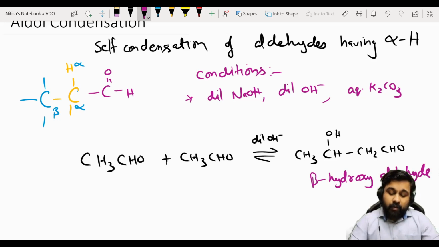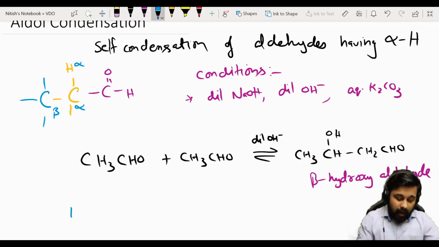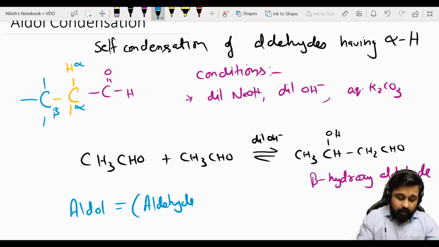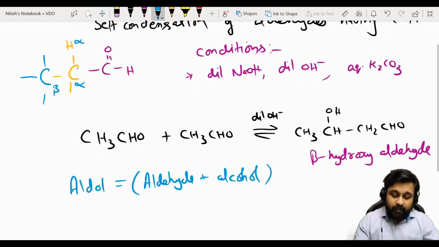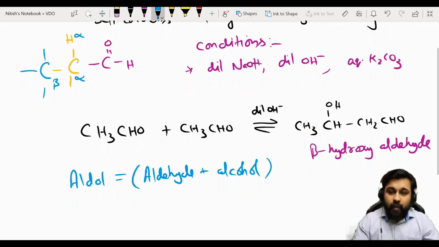Look closely, this is an aldehyde, the CHO group is there, and on the beta position we have an OH group. So this is what we call aldol. The word aldol is a combination of aldehyde and alcohol. This reaction is shown by aldehydes or even ketones possessing alpha hydrogen.